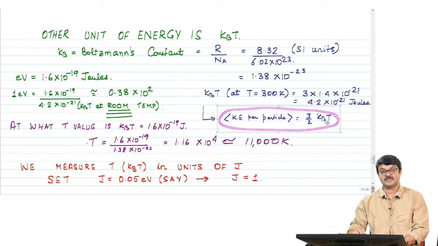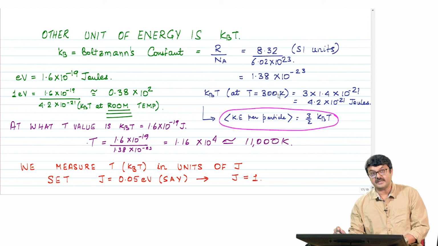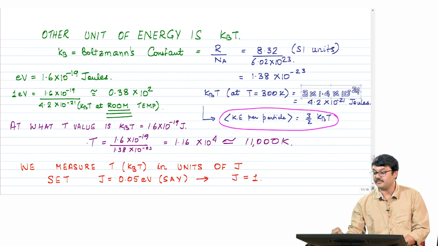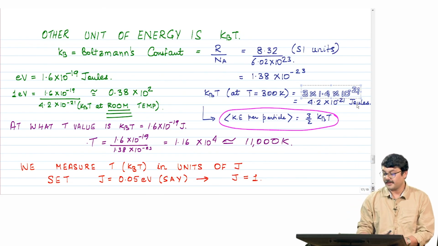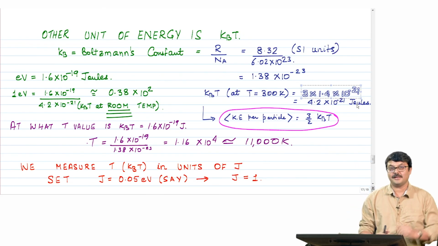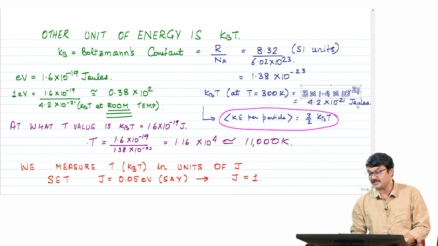So kBT has units of energy, and at T equal to 300 Kelvin, which is essentially 27 degrees centigrade, it is 3 into 1.4, I have taken 1.38 to be 1.4, into 10 to the minus 21, which is basically 4.2 into 10 to the power minus 21 joules. So J is measured in electron volts typically, and kBT is measured in, say, joules.